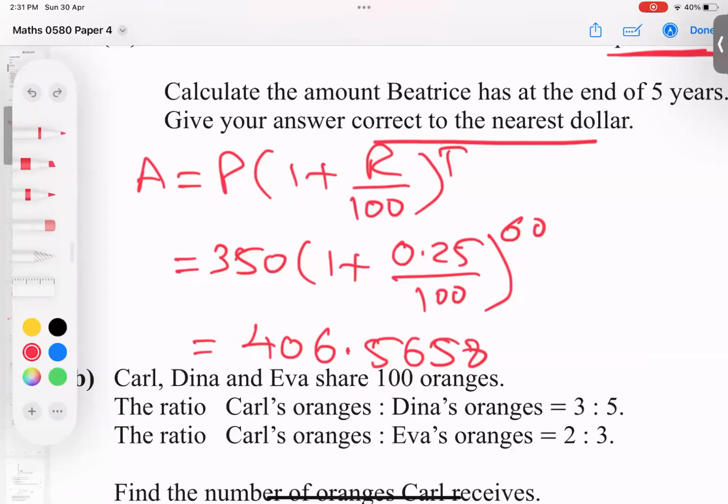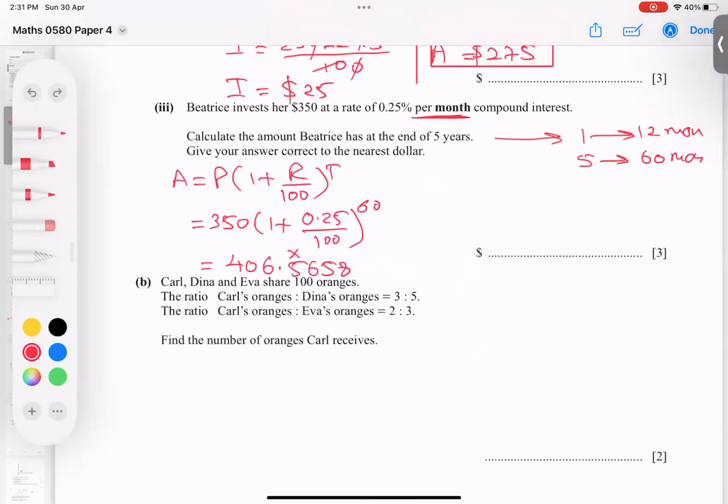But he said correct to the nearest dollar. So nearest dollar means: is this digit bigger than 4 or not? Bigger than 4, add. So what I get, students, is $407. I hope the point is clear.